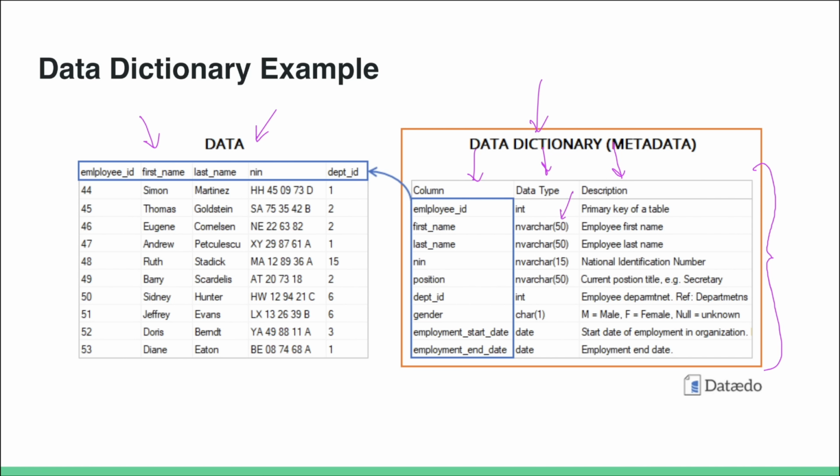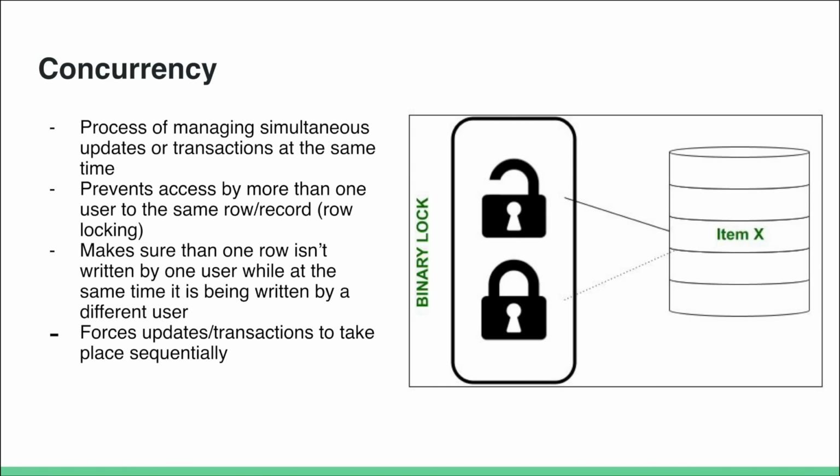Right here we also have length, so what's the maximum length of any information that's going to be put in those fields. So that's an example of metadata that would be used to specify the characteristics of a given table. Now the next functionality that a DBMS allows is concurrency.